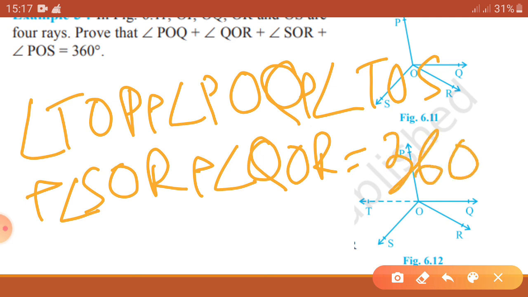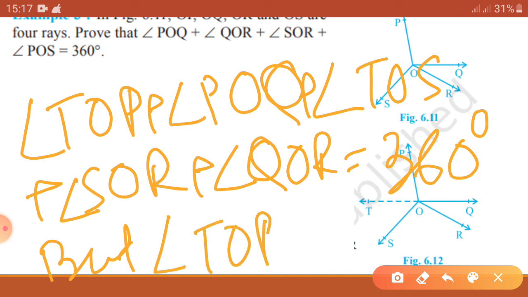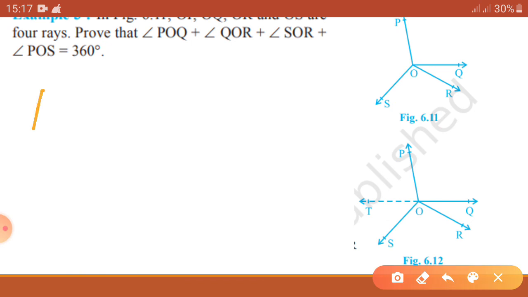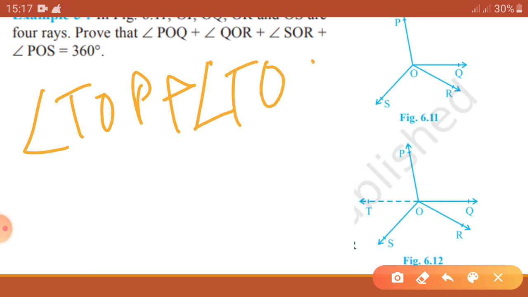But angle TOP plus TOS is equal to angle POS. In this figure, angle TOP, this angle, plus TOS, this angle, is equal to POS, this angle. So we can write angle TOP plus angle TOS is equal to angle POS.